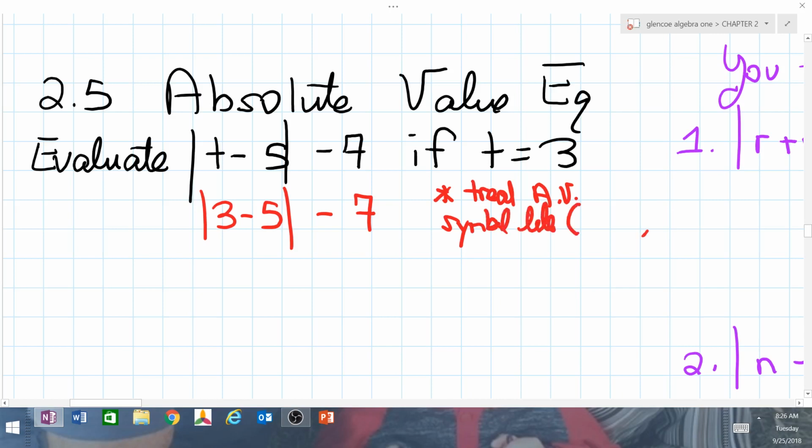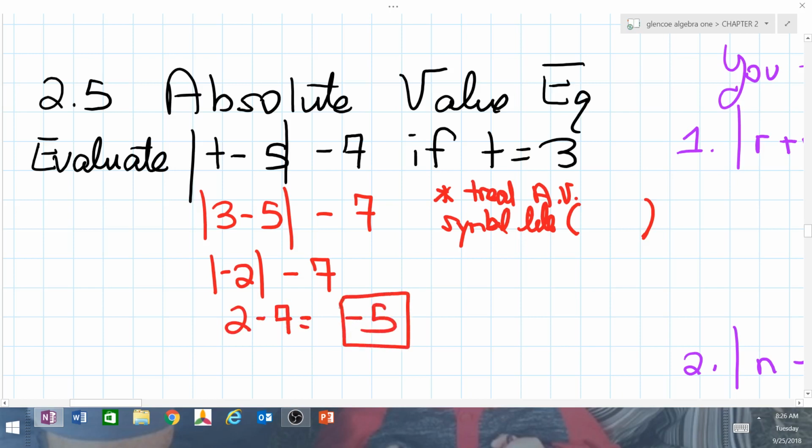So using order of operations, we make sure we take care of that first. So what's 3 minus 5, guys? So we have the absolute value of negative 2, minus 7. We know that the absolute value of negative 2 is 2, and we know that 2 minus 7 equals negative 5. Are you with me?